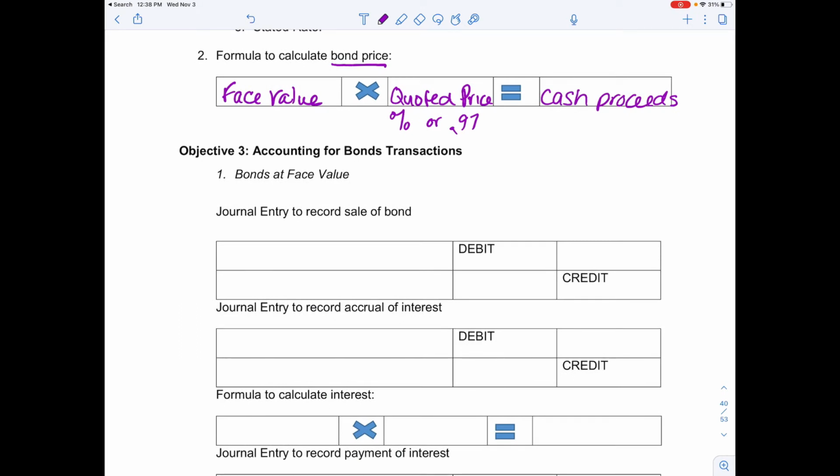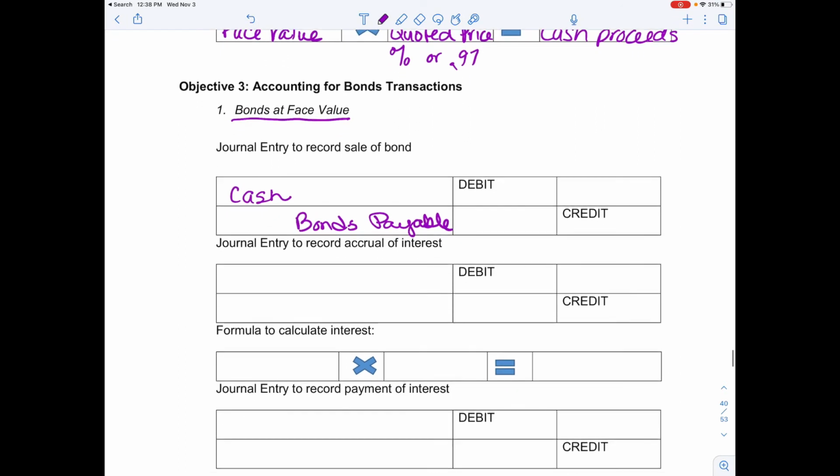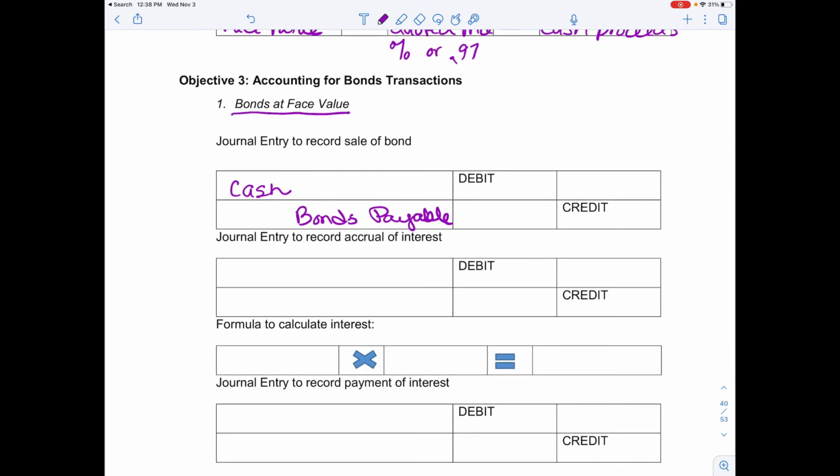So let's just say that we're going to record just the sale of the bond at face value, meaning it's sold for what it's worth. If a bond is $100,000, I'm getting $100,000. I'm going to debit my cash, credit that bonds payable. It's a liability. I have to pay that back at a given date. Bonds do accrue interest, so we'll have to make sure we accrue interest as needed.